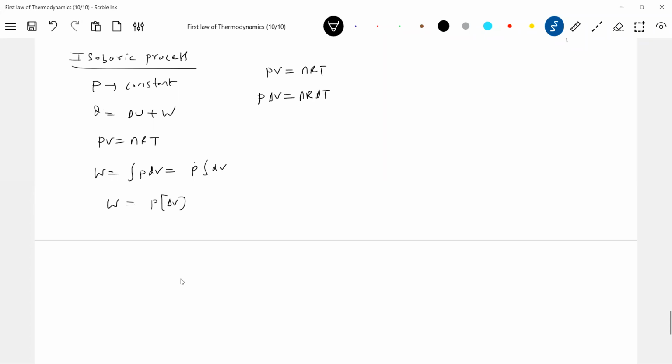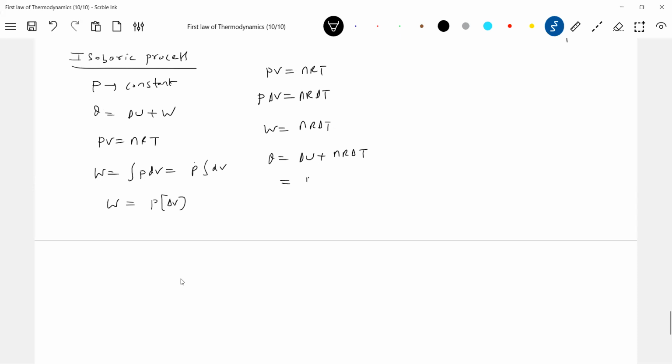So therefore, in place of P delta V, what you can get? nR delta T. Substituting this, let me write here Q equal to delta U, in place of W, I'll write nR delta T.